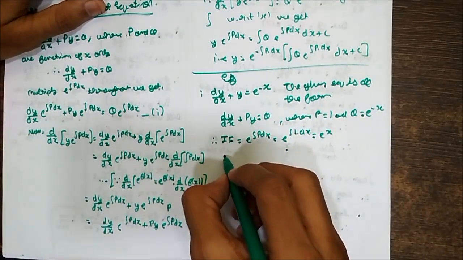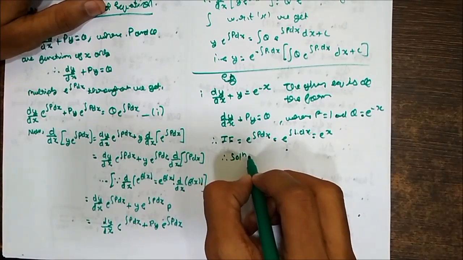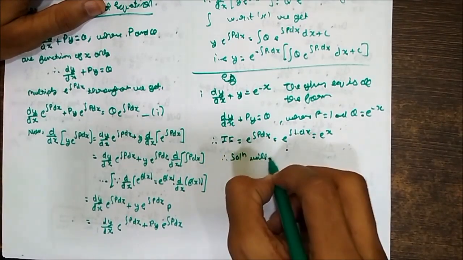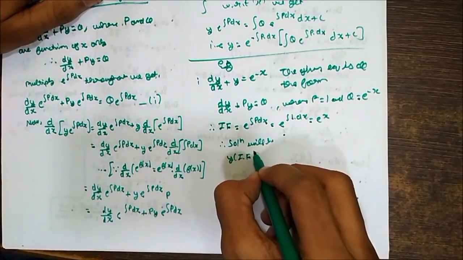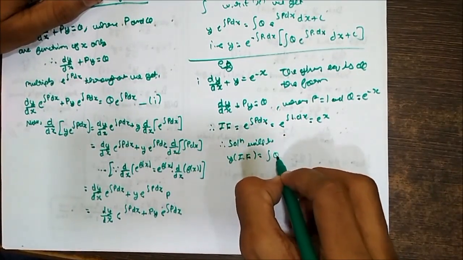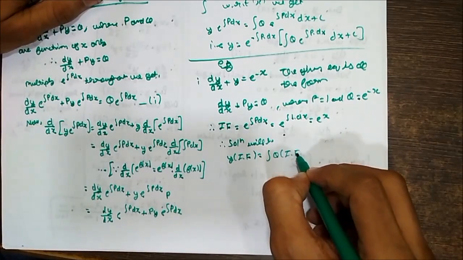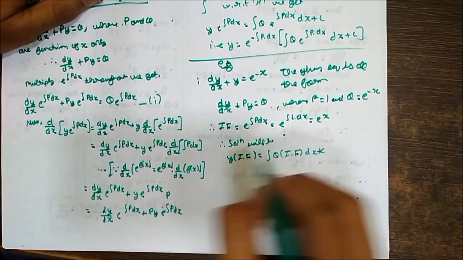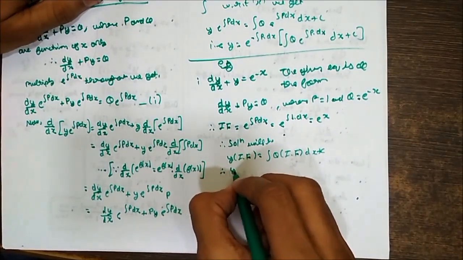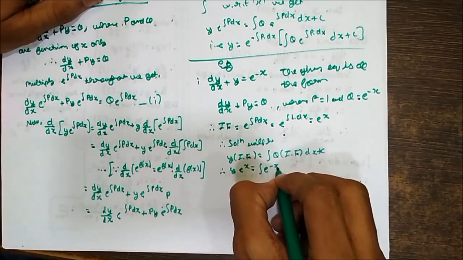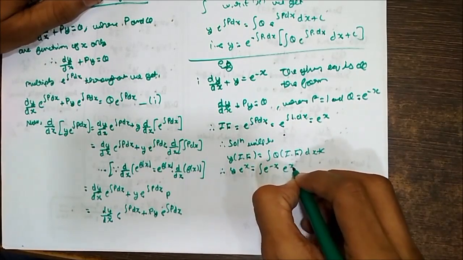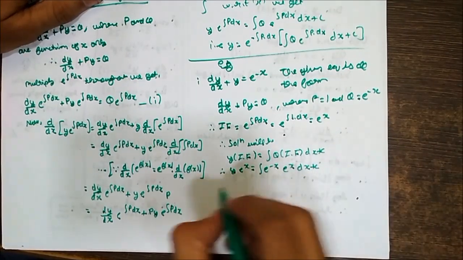Solution of the given equation: y times the integrating factor is equal to ∫q times the integrating factor dx plus c. Therefore y e^x is equal to ∫e^(−x) e^x dx plus c.